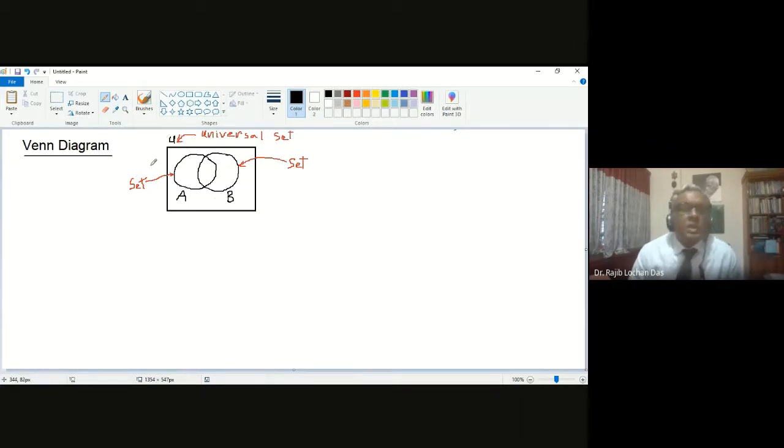So now if I write some numbers, say this is 1 and this is 2 and 3 and 4 and 5 and 6 and 7 and 8 and 9, then what will you understand? If I have the numbers like this, what are the numbers in the set A?